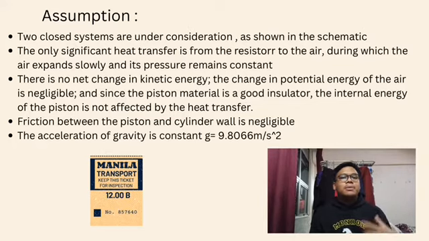The change in potential energy of the air is negligible, and since the piston material is a good insulator, the internal energy of the piston is not affected by the heat transfer. Fourth, friction between the piston and cylinder wall is negligible. And lastly, fifth, the acceleration of gravity is constant, g equals 9.8066 meter per second squared.